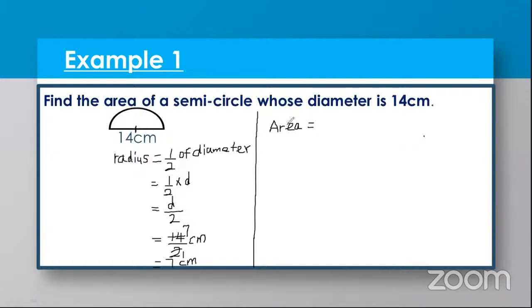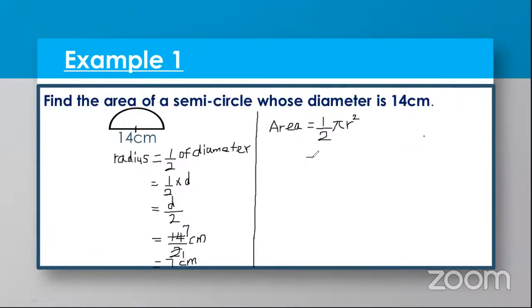Now the area of a semi is a half. A half here represents a semicircle. A half pi r squared. Pi r squared is the formula to get the area of a circle. But because it is a half, that's why we brought in a half here.